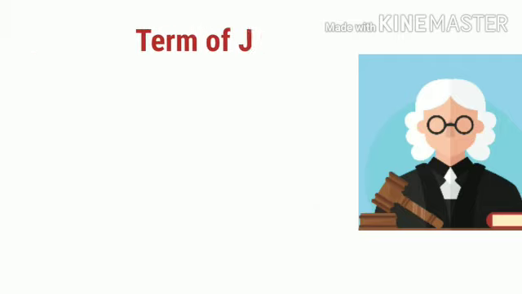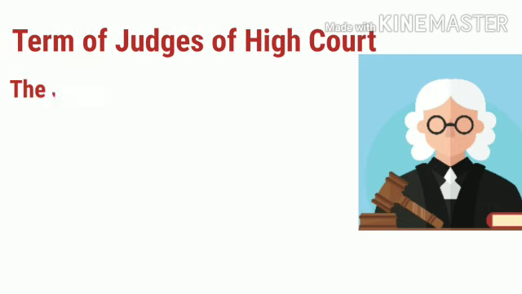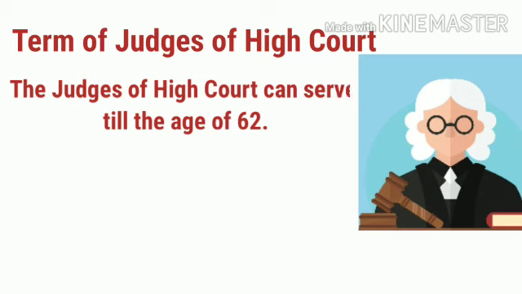Tenure or term of the judges of High Court. Once appointed, the High Court judges hold office till they attain the age of 62 years. Means a High Court judge retires at the age of 62 years.